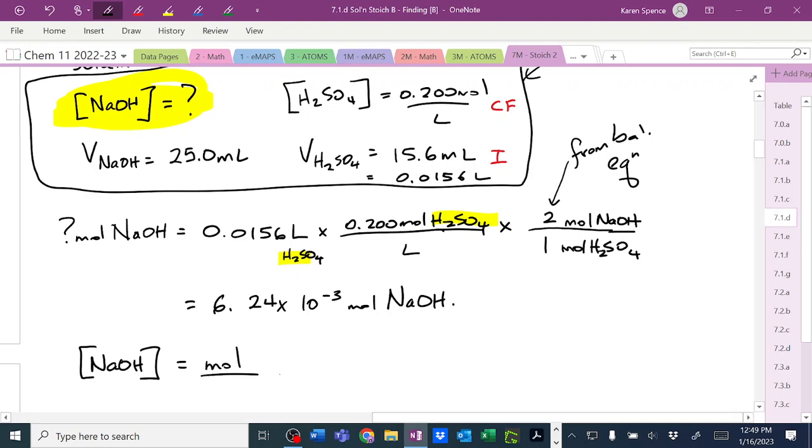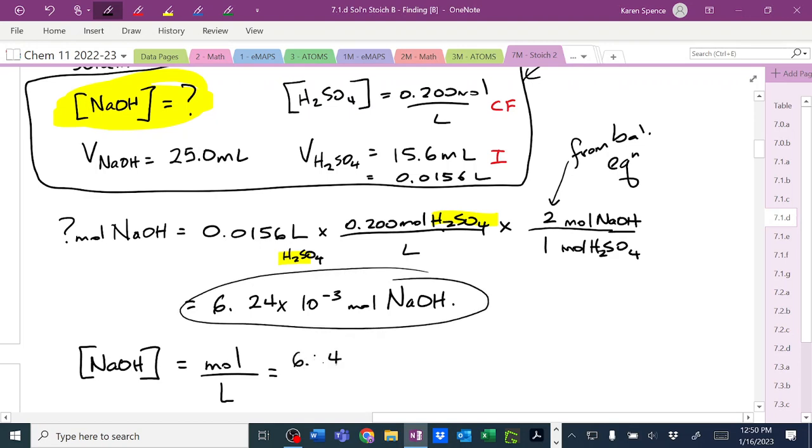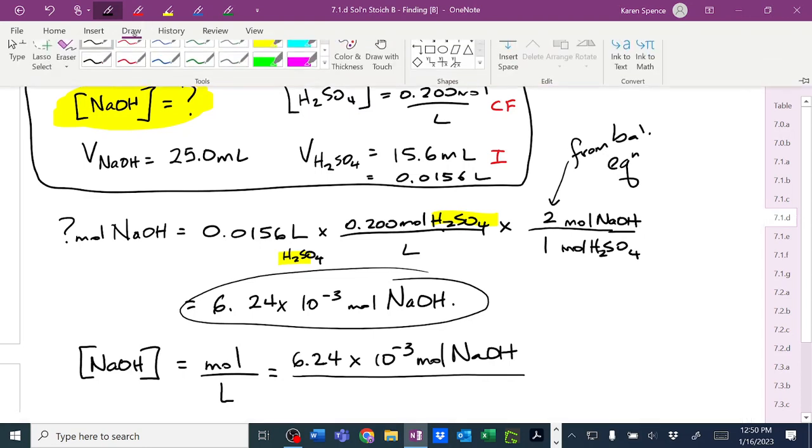Moles over liters. So we're going to take the moles of NaOH, 6.24 times 10 to the negative 3 moles of NaOH, divided by which volume am I going to use? I have 2 different volumes.